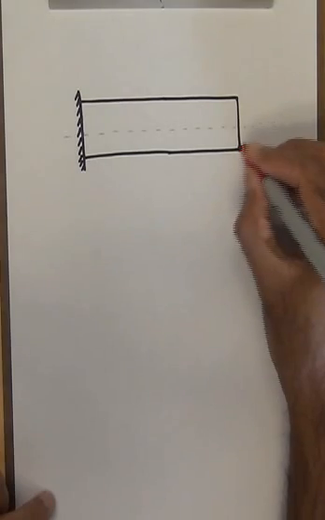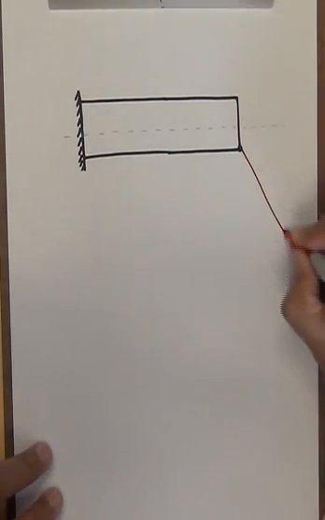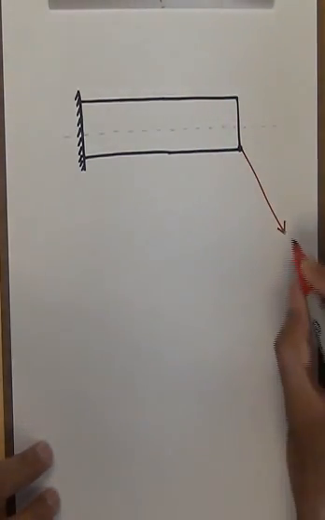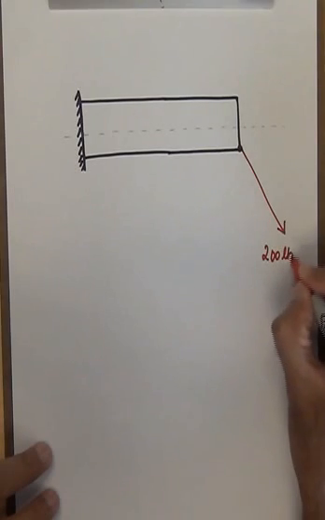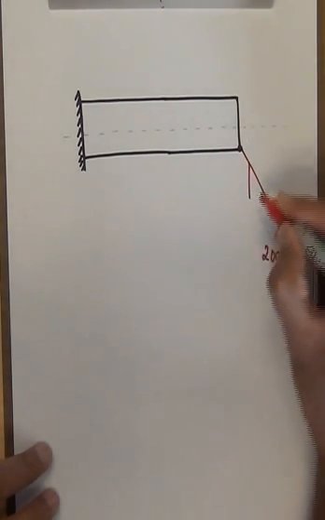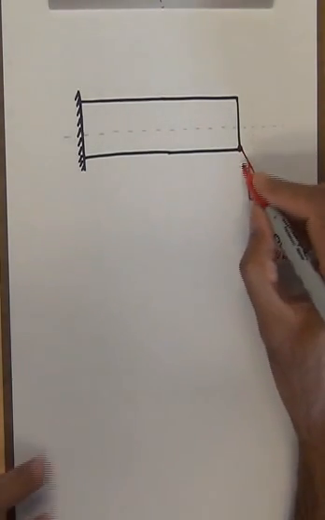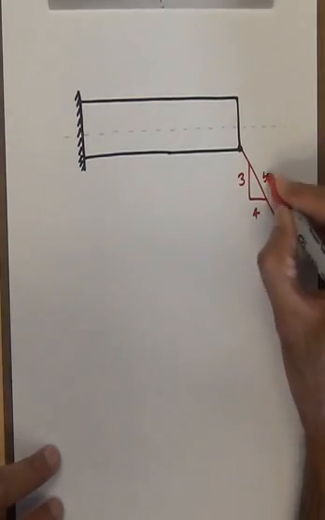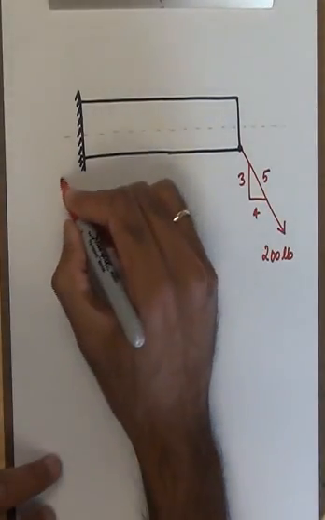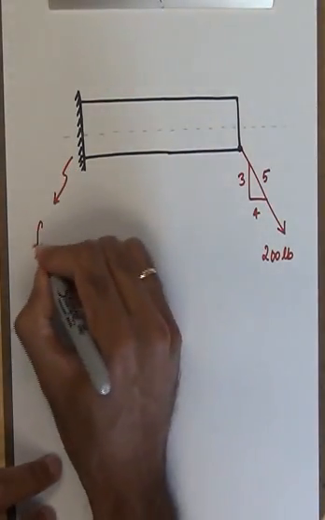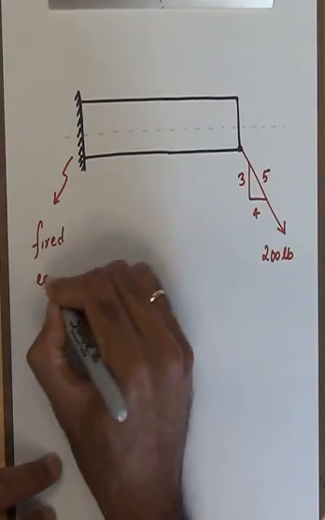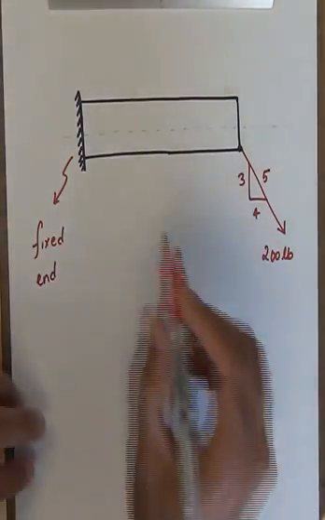So at this corner point here I have a force of 200 pounds with a slope triangle 3, 4 and 5 given to us. This is the fixed end, or a cantilevered beam.